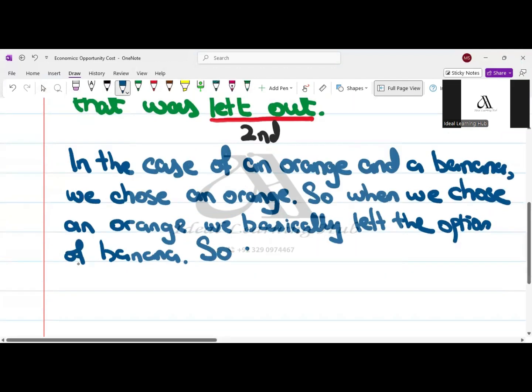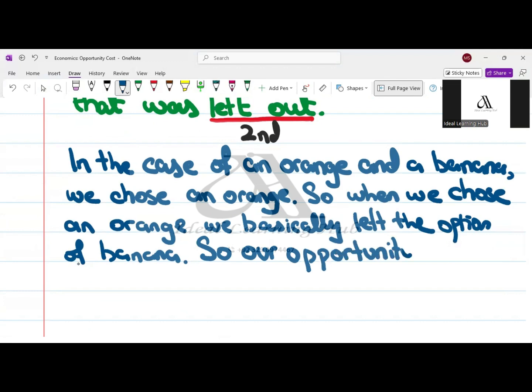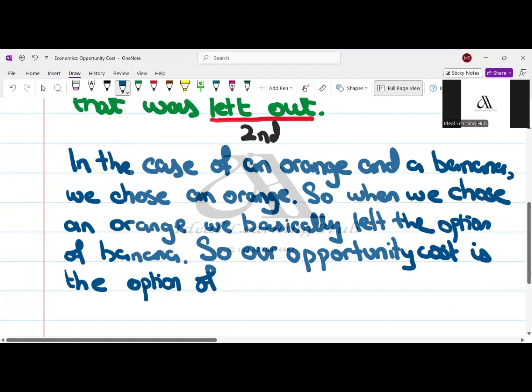So our opportunity cost is the option of banana.